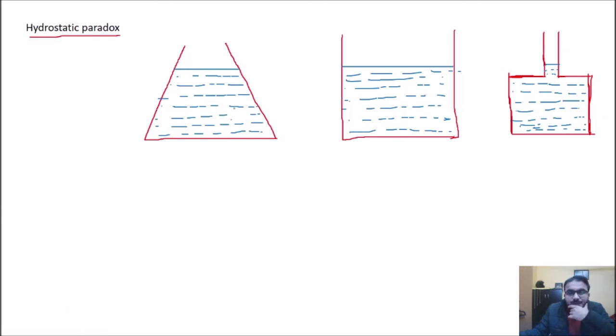See, here we have three different vessels of different shapes, and all are filled with the same height of water h. So height is the same everywhere. And another important thing is that they have the same base area, capital A.